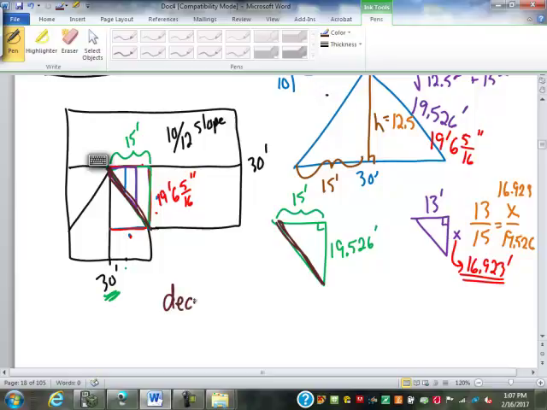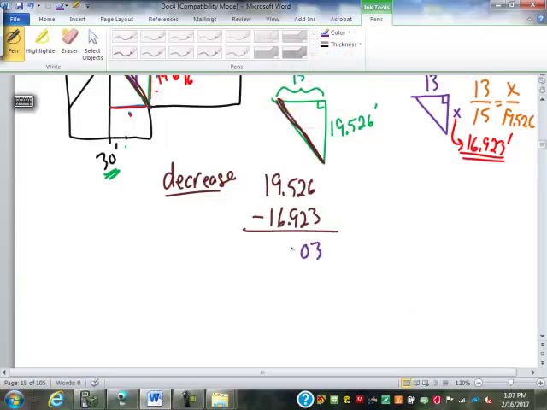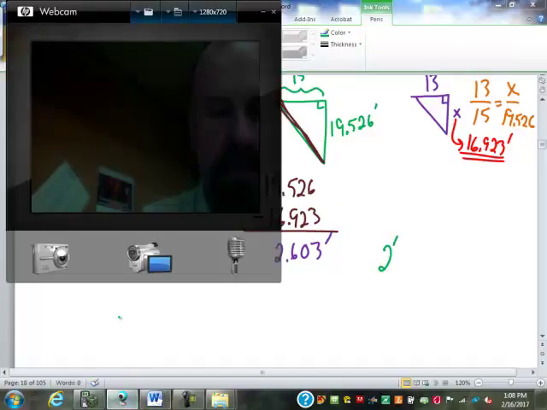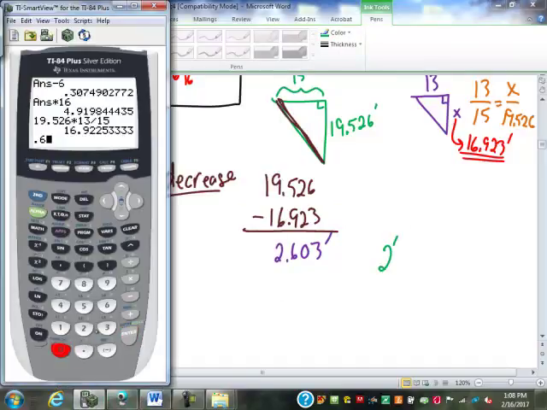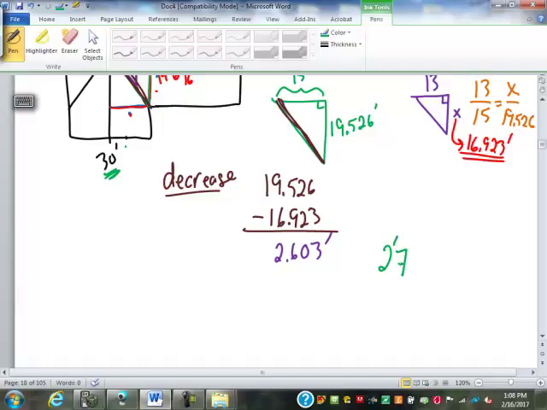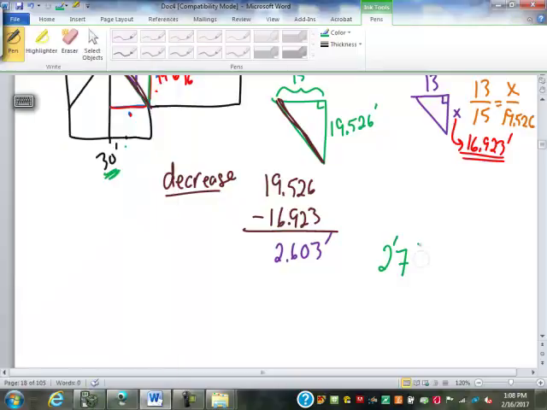I just didn't bother because that's something you guys already know how to do. So our decrease is going to be the 19.526 minus 16.923. So we get 2.603 feet, which is going to be 2 feet 7.236 inches, so 7 inches, times 16, 4/16, so 1/4 inch.